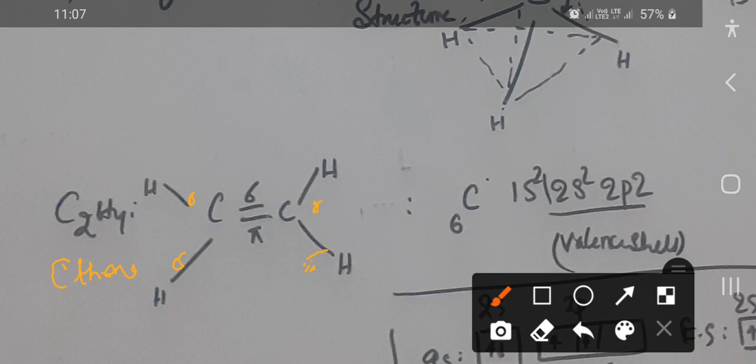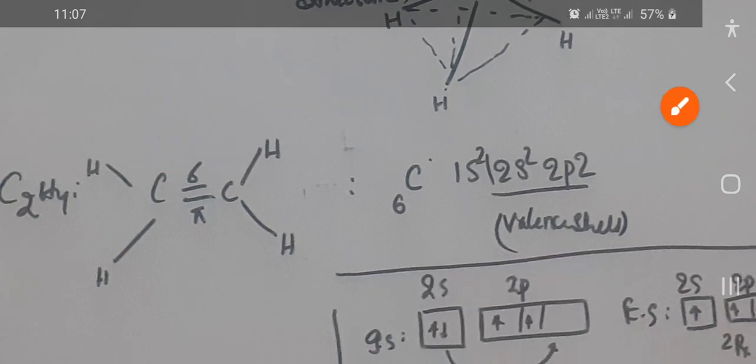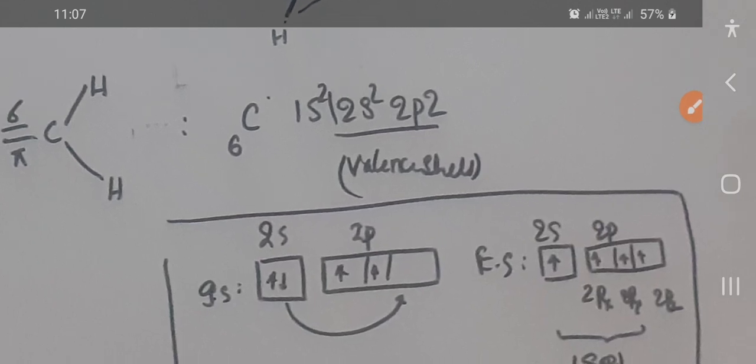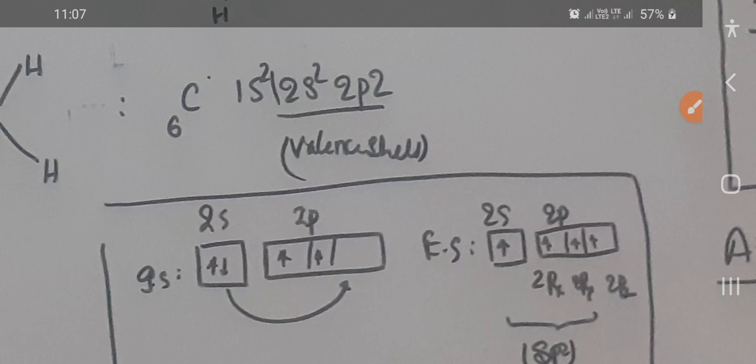And in case of ethene, there are 3 sigma bonds formed by each carbon atom and 1 pi bond. So you can write the hybrid orbital sp2, or each carbon atom hybrid orbital is sp2. But the number of electrons must be 4 because it is tetravalent.